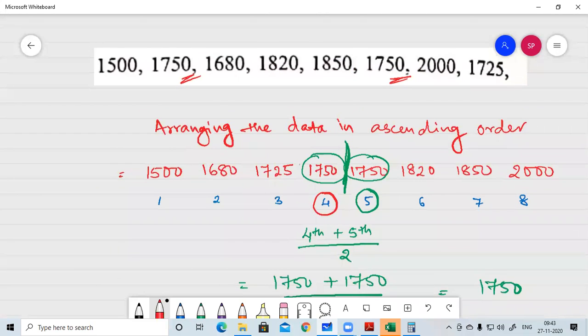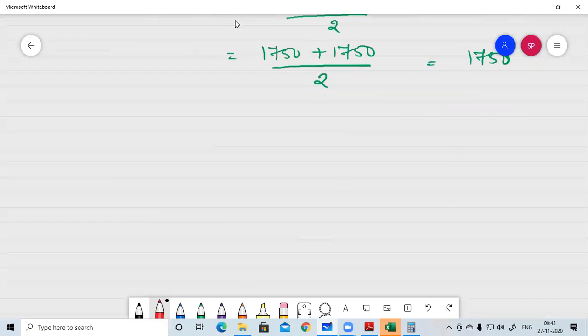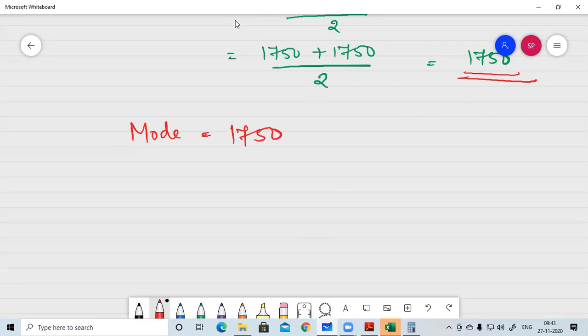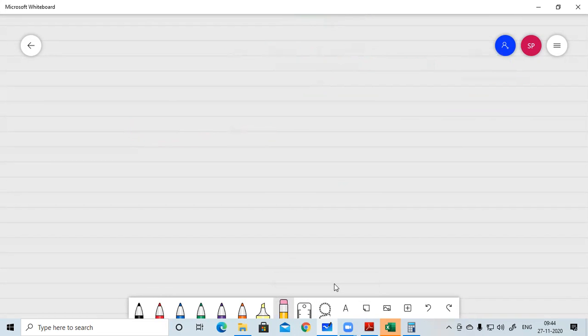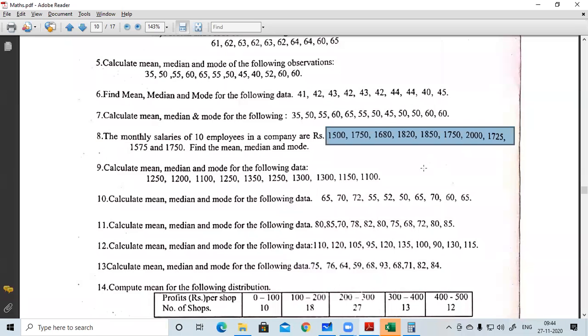So this was your median, what we just calculated. Our answer for median is 1750, and mode also in this case is 1750. Is this clear? Yes, sir. Okay. Now let's take another simple sum like this and then we'll move ahead.